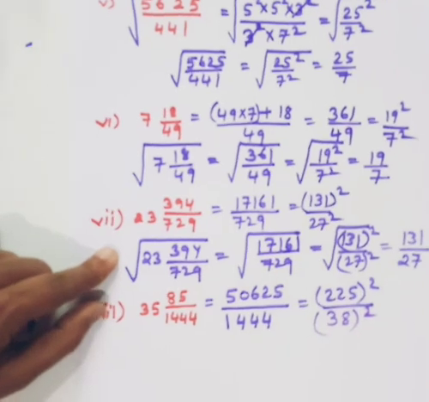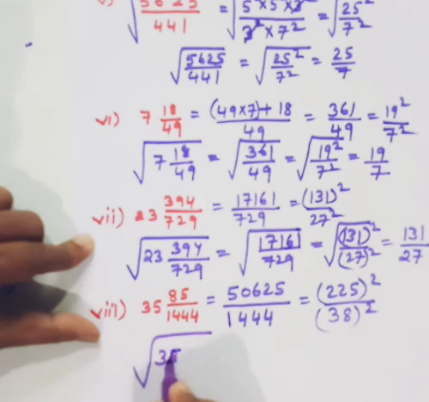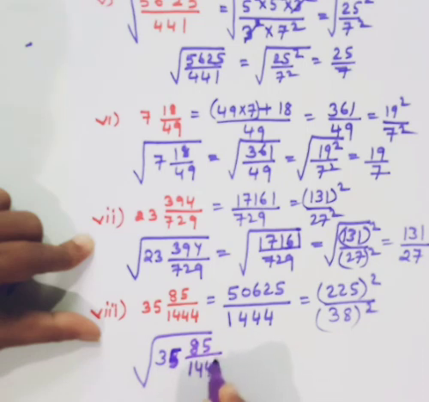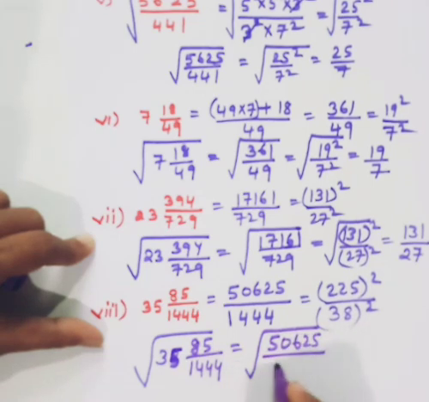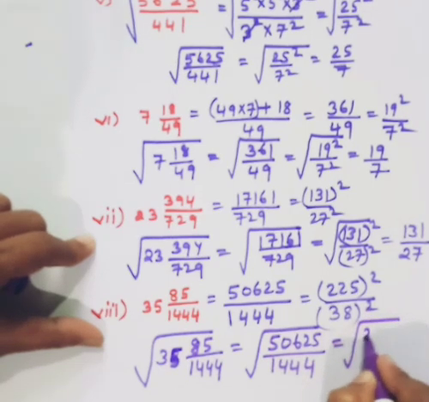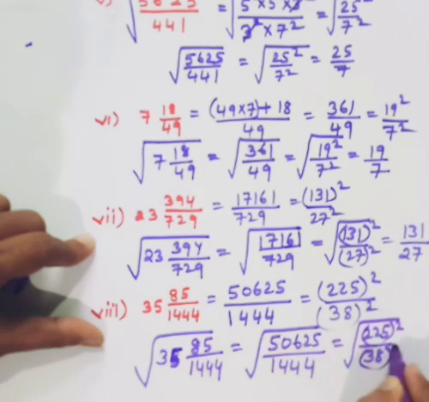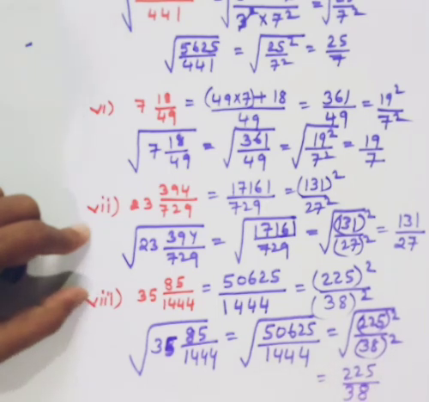So at the end, we will simply write the square root of 50625 by 1444, which comes to be the square root of 225 square by 38 square, which will be equal to 225 by 38.